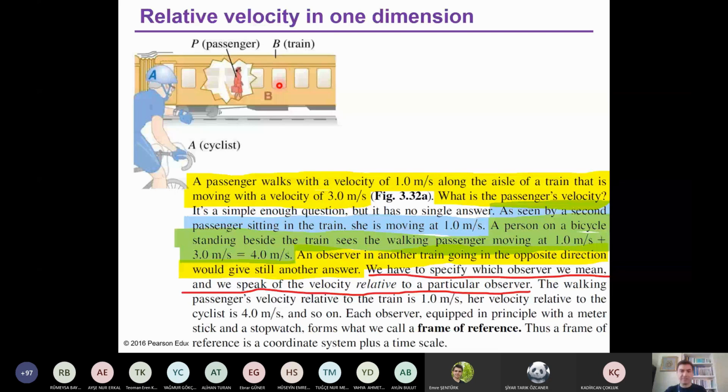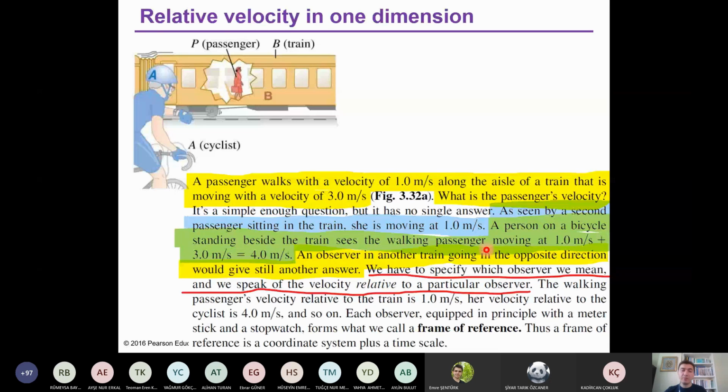She is sitting, okay? And then, according to the passenger sitting within the train, this passenger is moving at 1 meter per second.